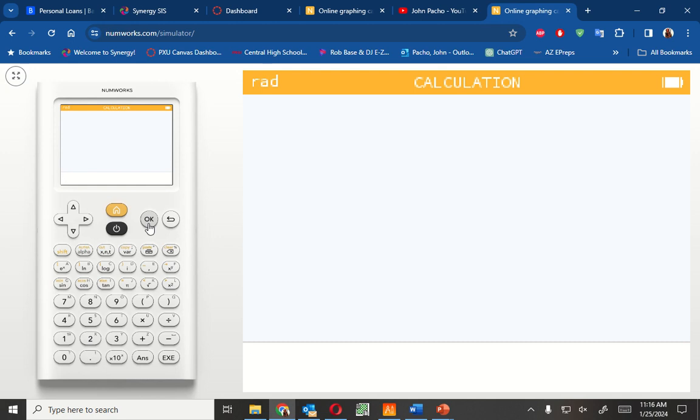Square root on my calculator here. It's going to be right here, square root. That's a square root symbol. And then my first number was 7 squared plus 24 squared. Square root. Like that. There we go.